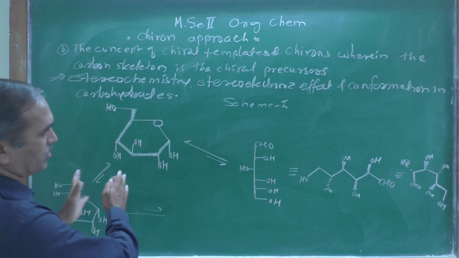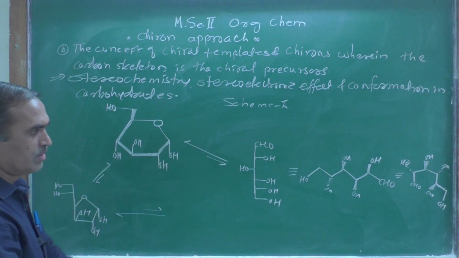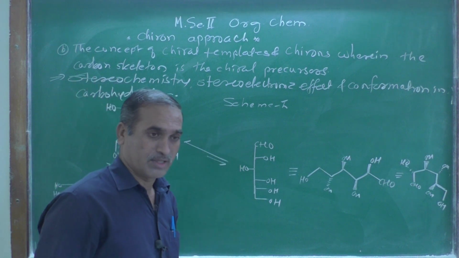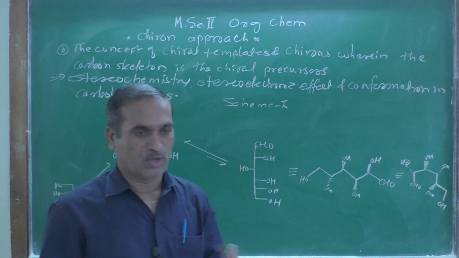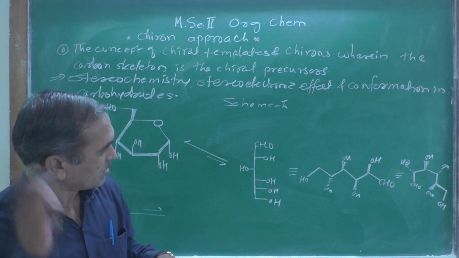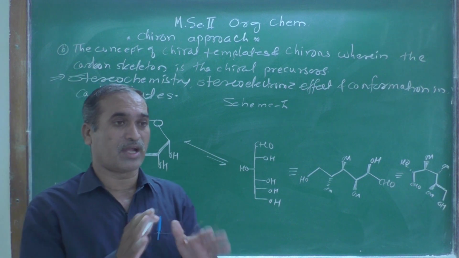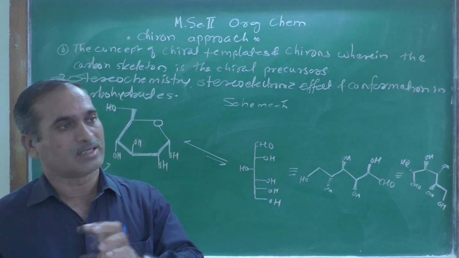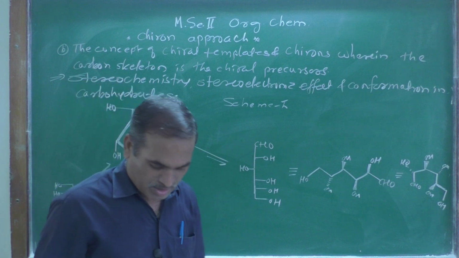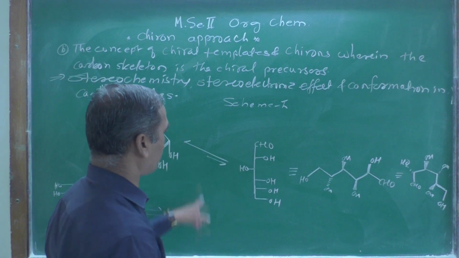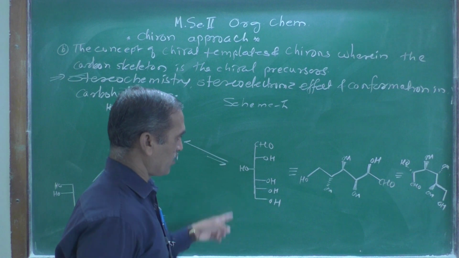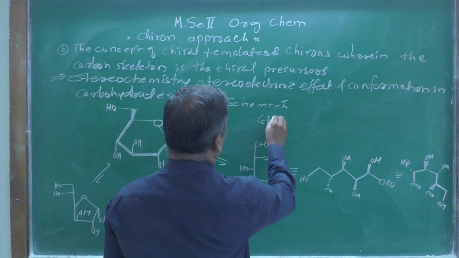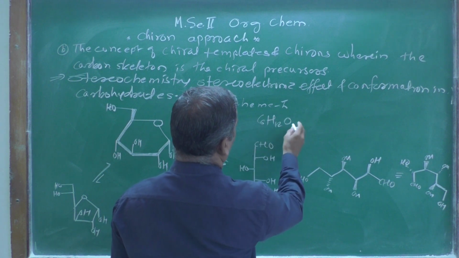One structure we can draw in various forms. This is the open chain, and according to our definition, a polyhydroxyaldehyde or ketone capable of existing in cyclic or acyclic form is known as a carbohydrate. So that is the definition, and this is an open chain compound. The molecular formula of glucose is C6H12O6, right?